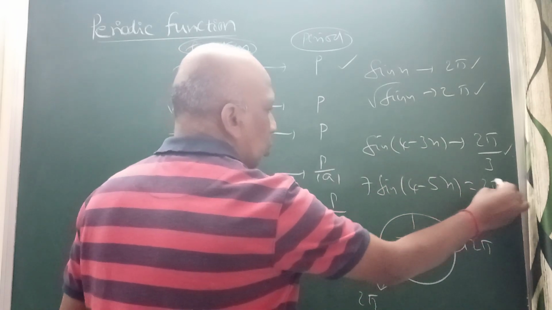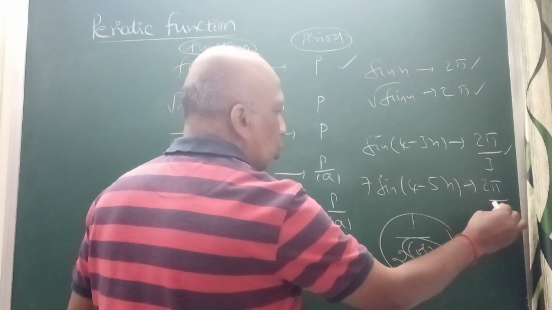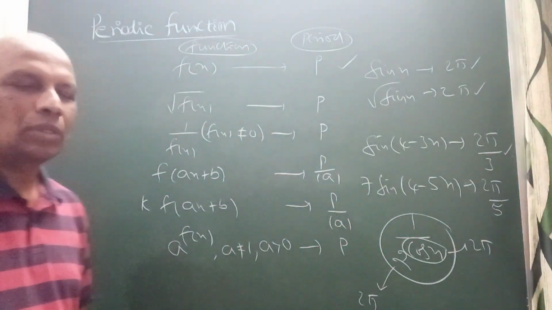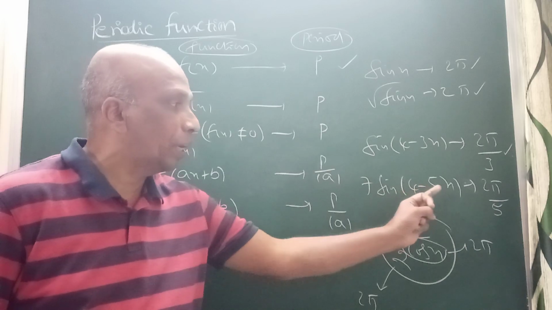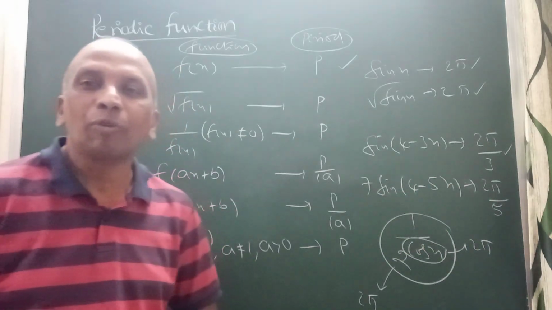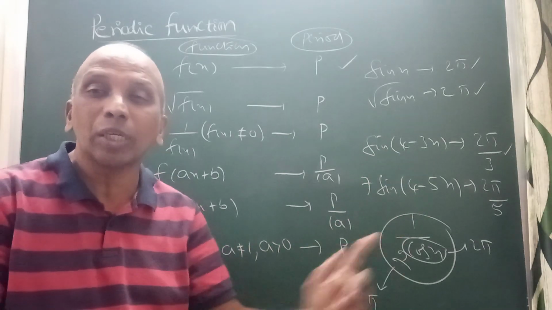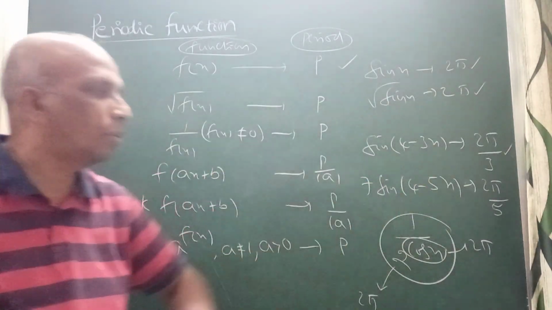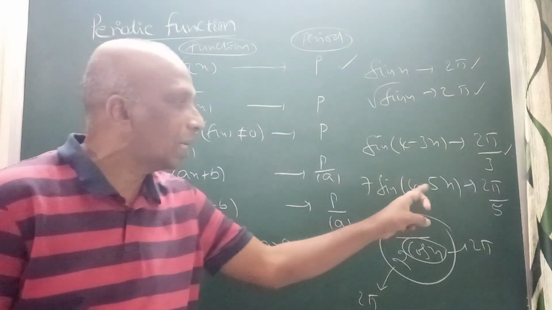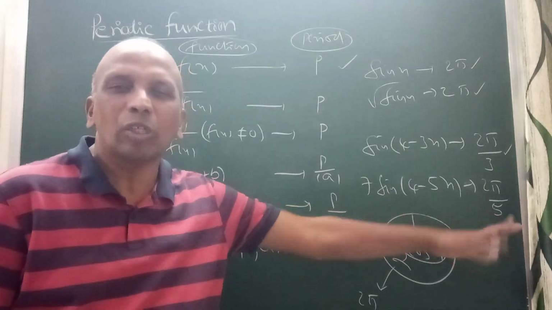The period of this one is 2 pi by 5. If you multiply by any non-zero number, there is no change in the period. Mod minus 5 is 5.